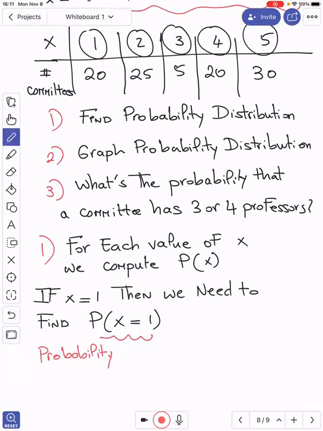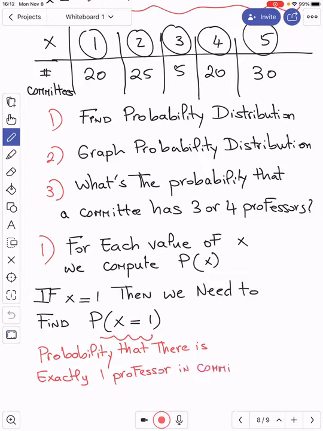Again, of course, we choose the committee randomly. We have 100 committees, right? So this is the probability that there is exactly one professor in the committee.